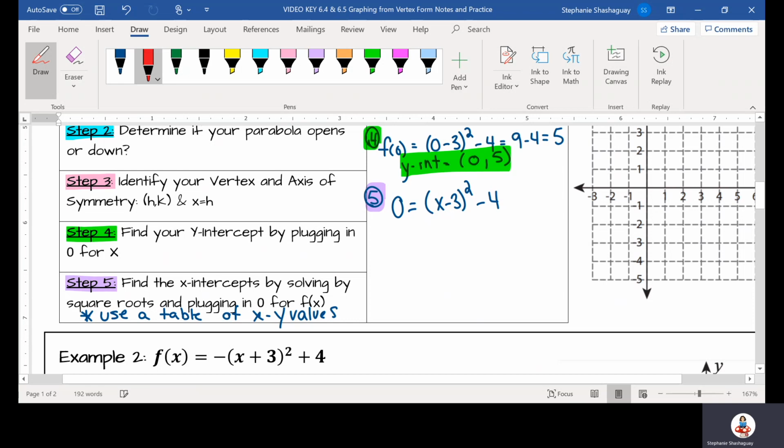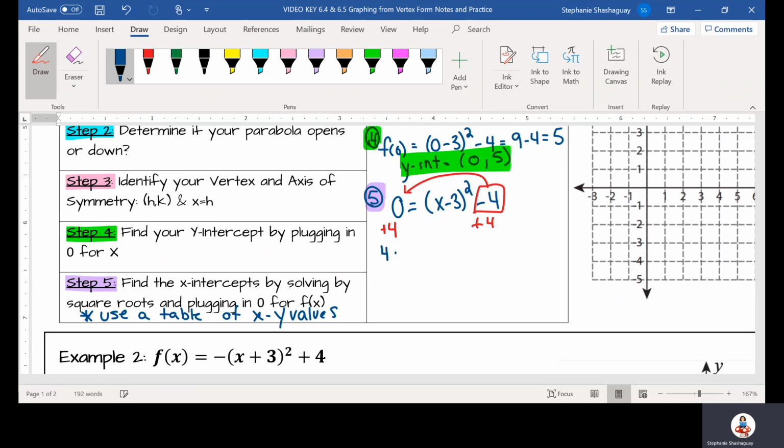To solve it, I need to move this negative 4 over here. So I'm going to add 4 to both sides, and I get 4 is equal to x minus 3 squared. And then I'm going to take the square root of both sides.